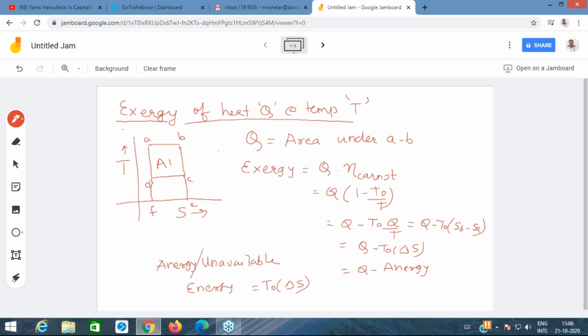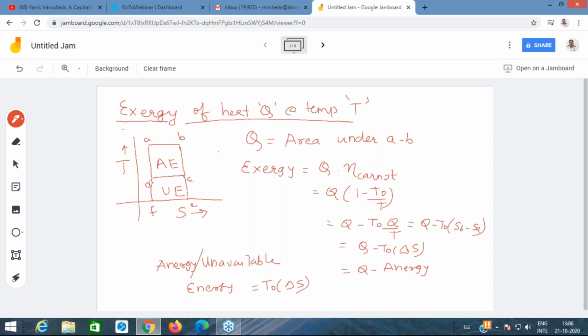The area CEFD, or CDFE, whatever you want, is the unavailable energy. And the area ABEF is the heat supplied area.